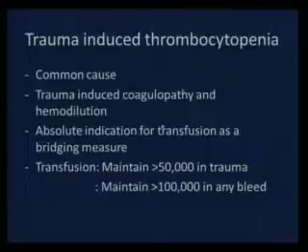It's an absolute indication for platelet transfusion. It's only a bridging measure. The active bleeding in such patients needs to be stopped, and that will only happen by intervention. So transfusion of platelets is a bridging measure till we actually control the bleeding the patient has.